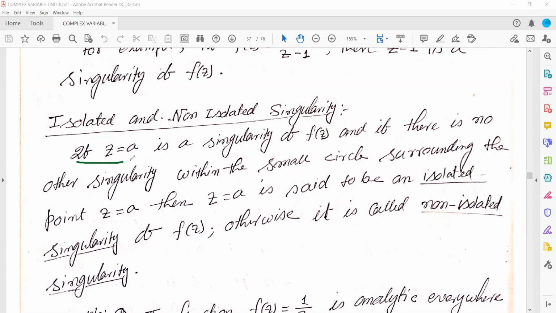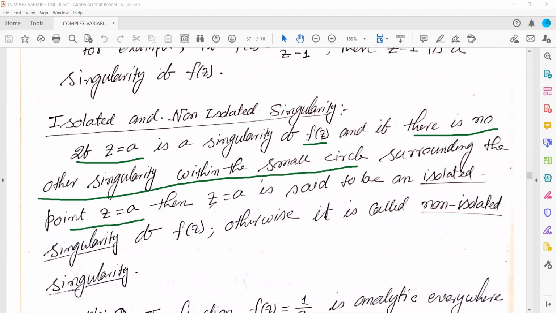If z is equal to a is a singularity of the function f(z), and if there are no other singularities within the small circle surrounding the point z is equal to a, then z equal to a is said to be an isolated singularity. Suppose this is the region, and this point is z is equal to a.